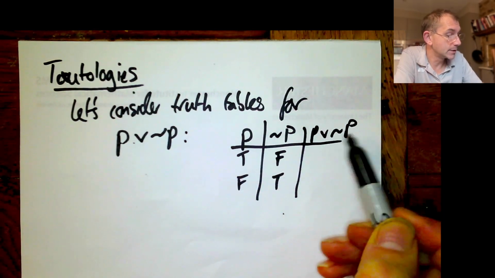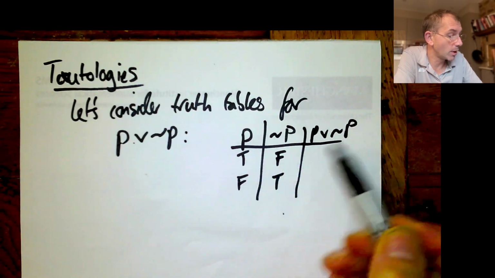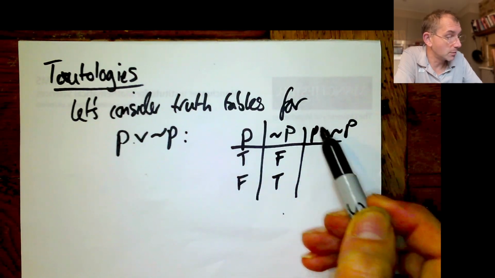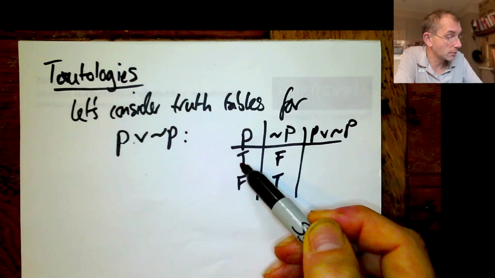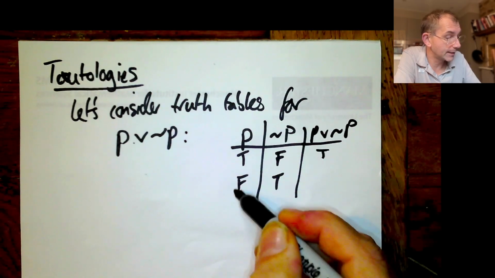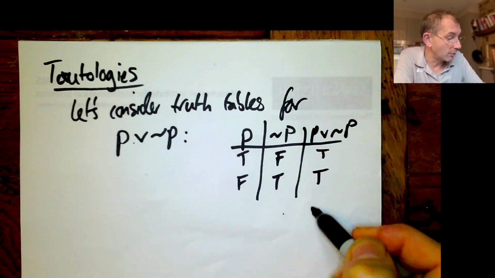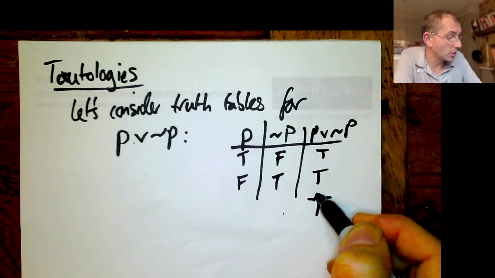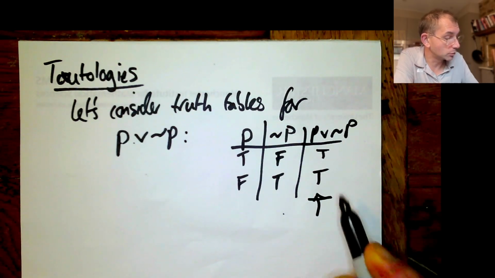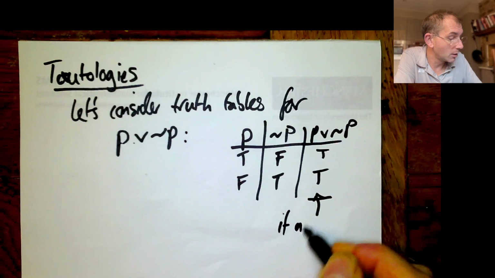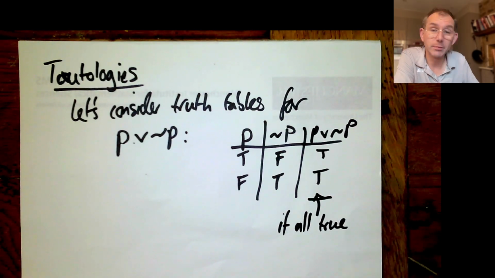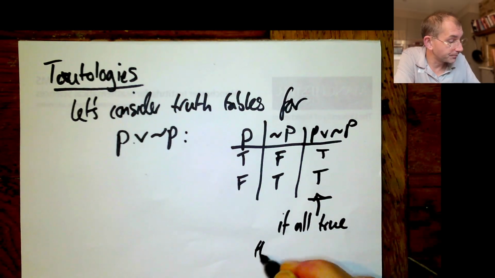And P or not P we can now calculate. So this is true whenever at least one of them is true. So this one or this one is true. So this one's true, so it's true, and this one's true, so it's true. Okay. Now, when you have this last column being all true, then we call it a tautology.